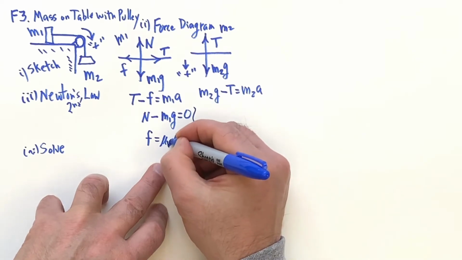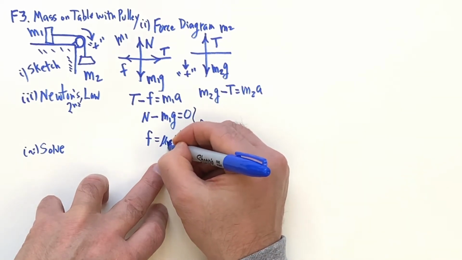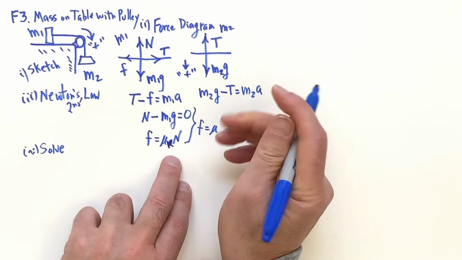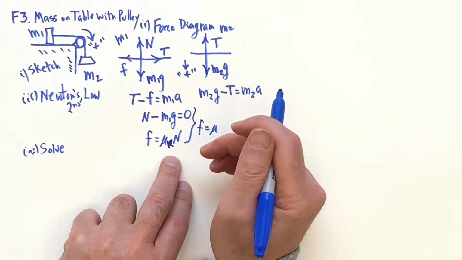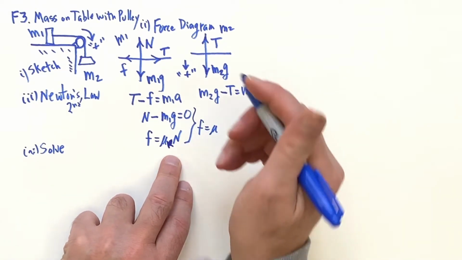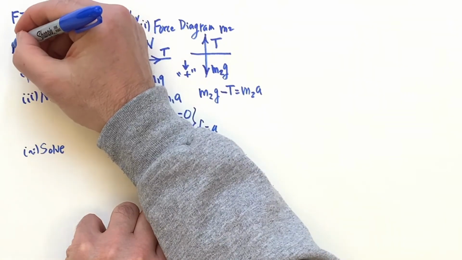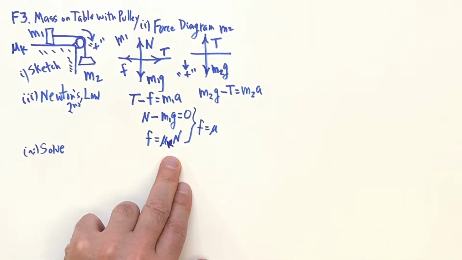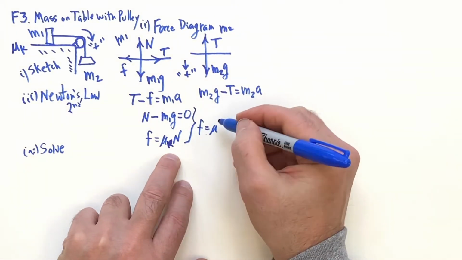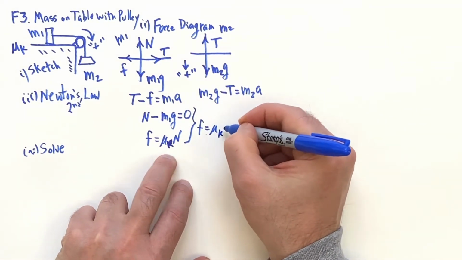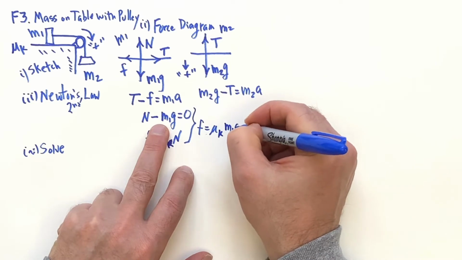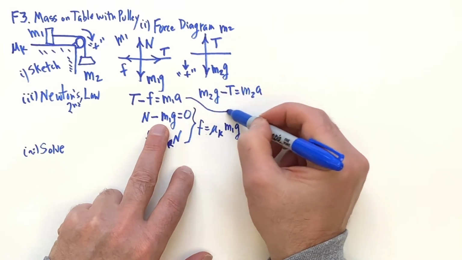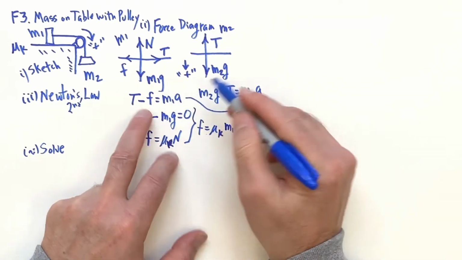But since we are looking at a case where there is motion, that's going to have to be a kinetic coefficient of friction. In fact, it might be good to just put that in the diagram up here that there's a mu k floating around.